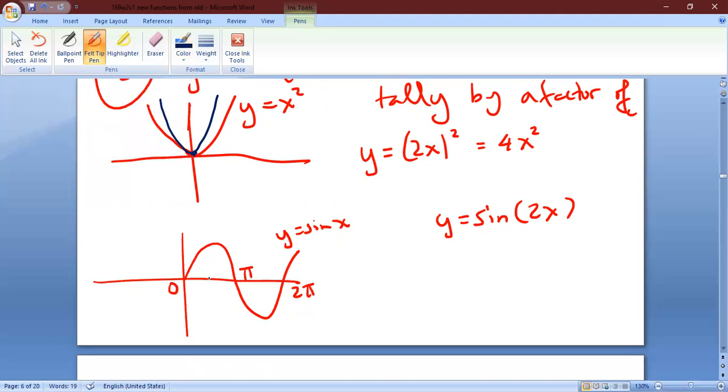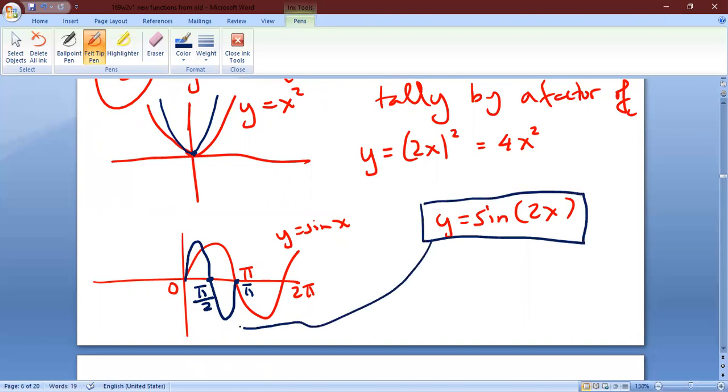It's going to go faster, something like this. This time it's going to hit 0 twice as fast, the second time at pi over 2, and the third time at pi. The graph of this function is going to do twice as fast what sine of x does.